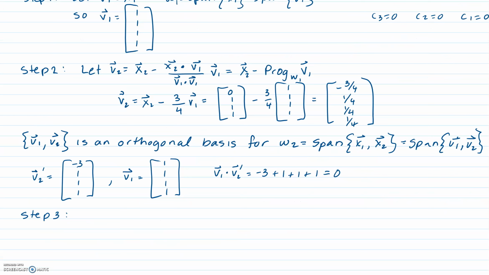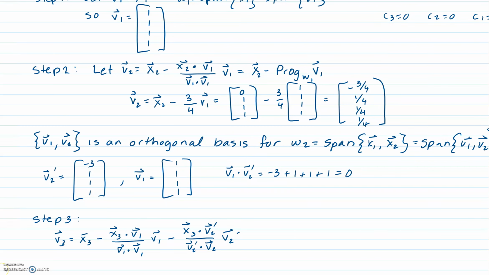So now let's find v3. v3 is going to be x3 minus the projection of x3 onto v1, and also subtracting the projection of x3 onto v2 prime. We take each projection coefficient times its vector. Let's figure all that out.